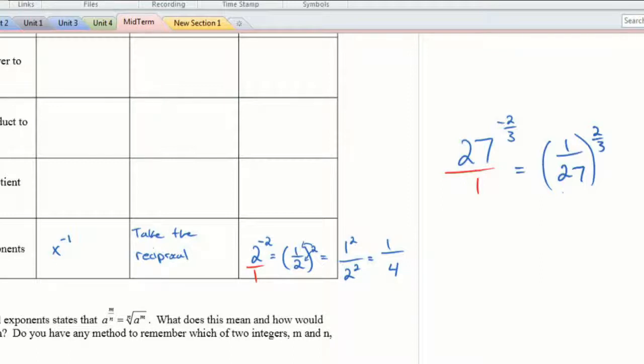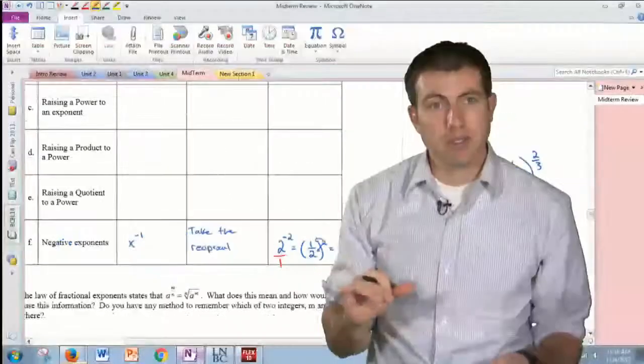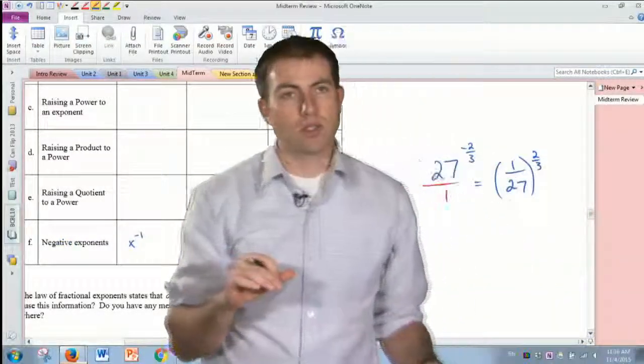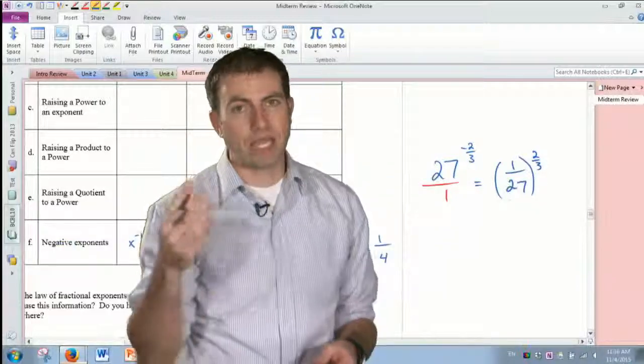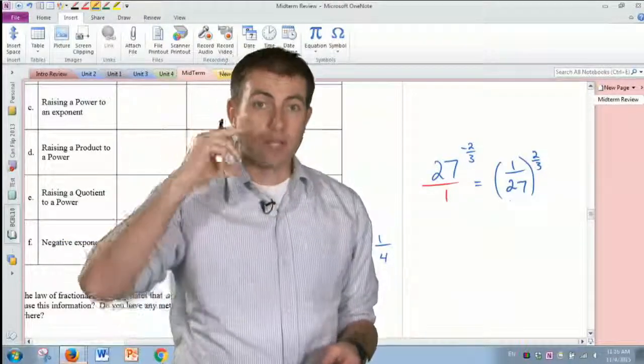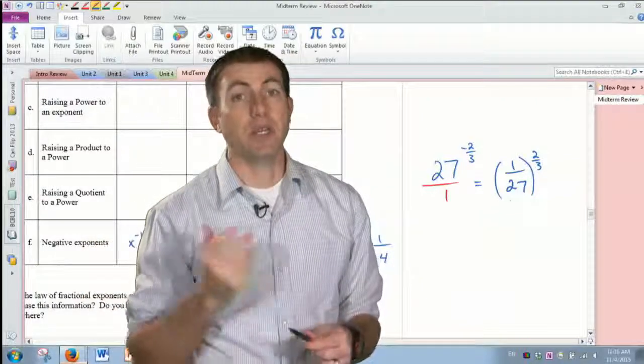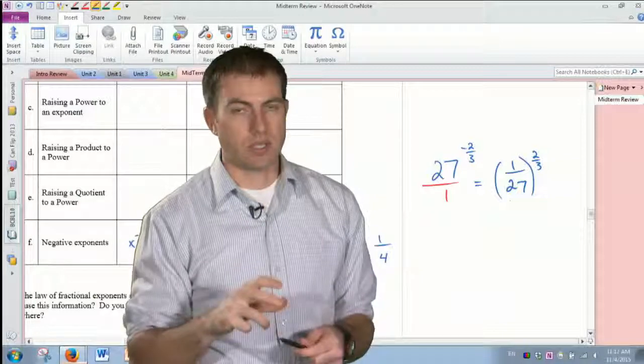I mentioned this when we were doing the course, when we were first seeing this. The most common place a student will make a mistake is with these exponents: students will take the negative exponent and flip the exponent instead of flipping the 27 and the 1. If you're going to make a mistake, that's where it's going to be with these type of questions.